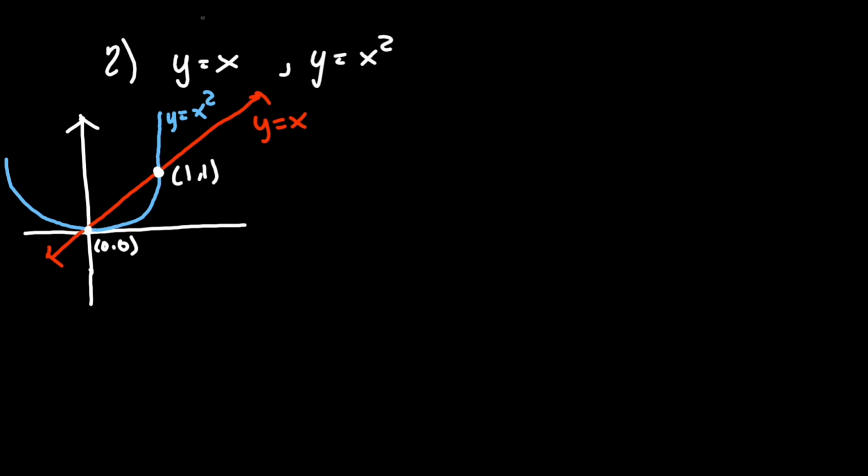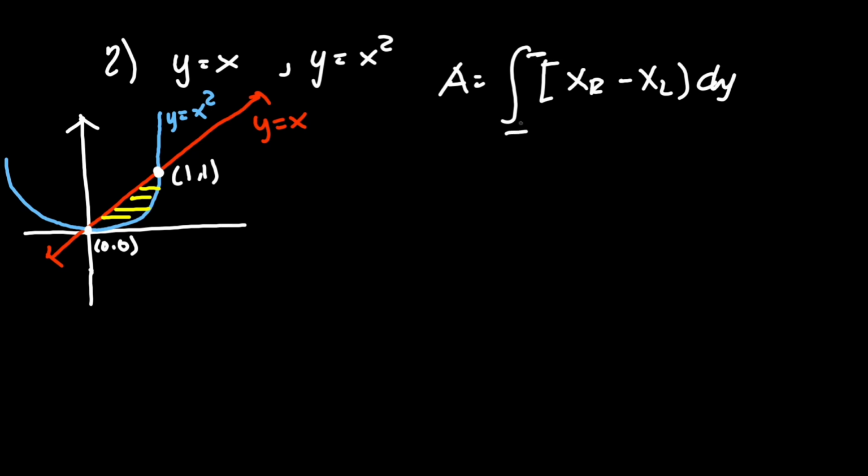And so what we're going to just use here is a horizontal element. And so the area for this would be equal to the integral of x right minus x left of dy. And let us see the value of this one.